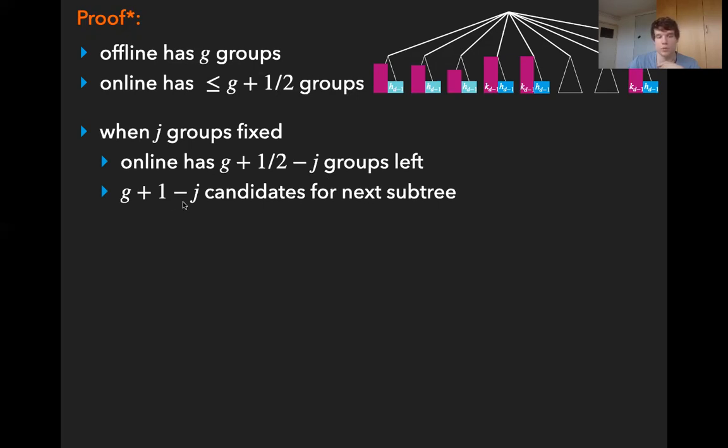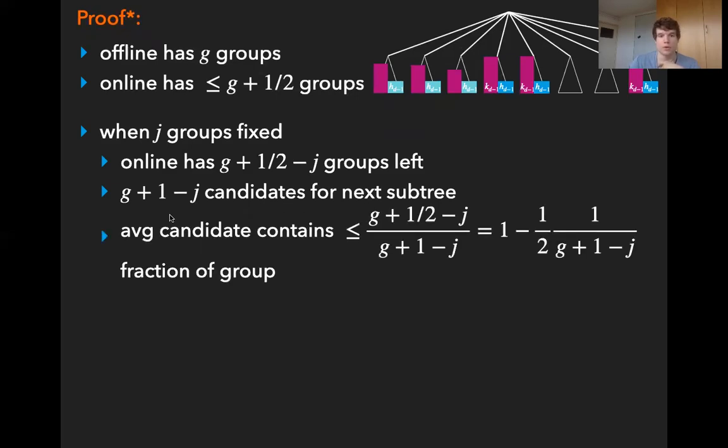And there are G plus 1 minus J candidates for the subtree that we will play next, because there are G plus 1 such subtrees in total, and we have already fixed J. So in these candidate subtrees, the average number of online groups is at most G plus 1/2 minus J over G plus 1 minus J. And we can rewrite this as 1 minus 1/2 times 1 over G plus 1 minus J.